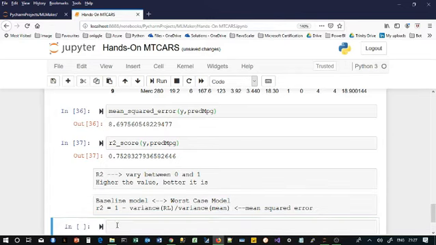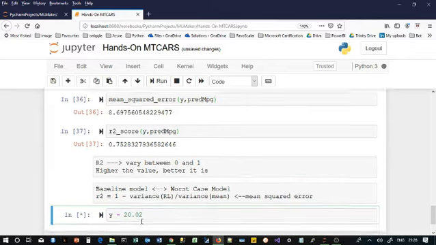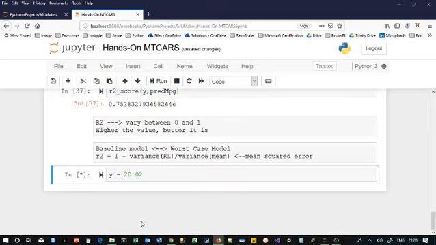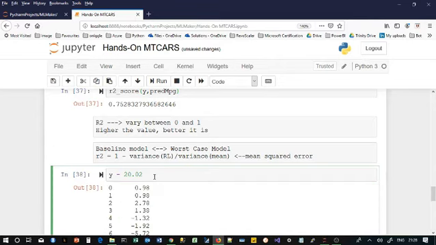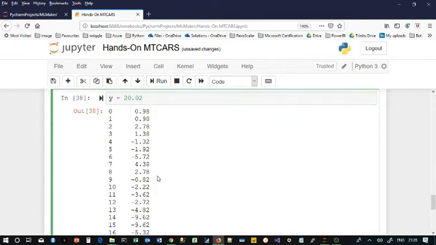So if I were to do a quick calculation, the mean of the miles per gallon is around 20.02. So if I subtract y minus 20.02, I have these answers.